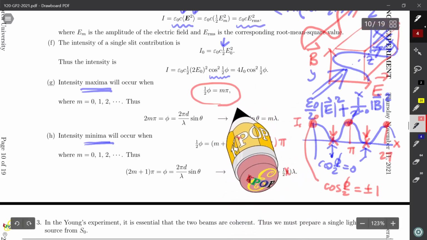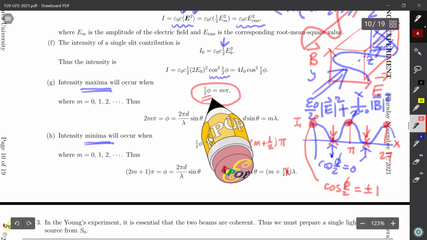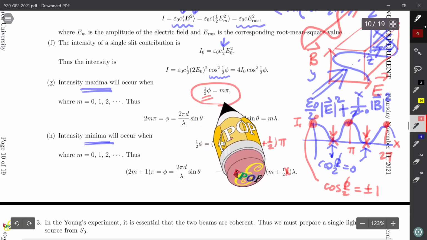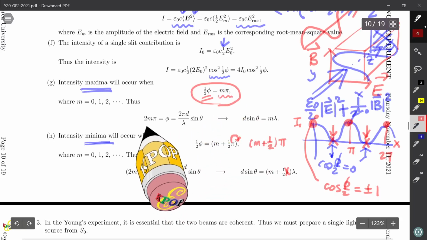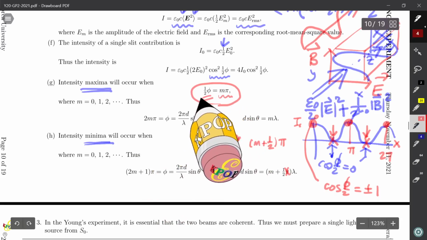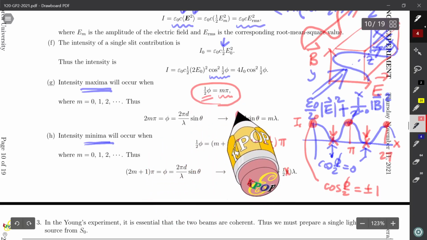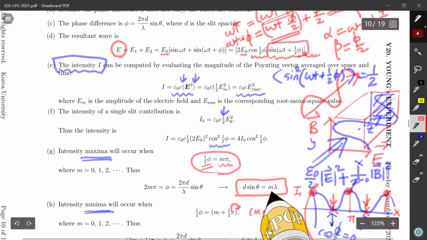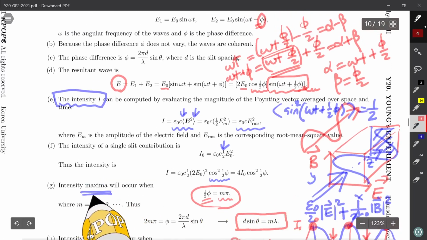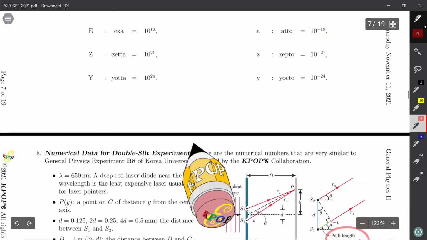So this one leads to the phase difference. 1/2 of phi is a multiple of pi. Then a factor of 2 is multiplied to both sides to find the condition d sine theta equals m lambda for the maximum that we analyzed previously.